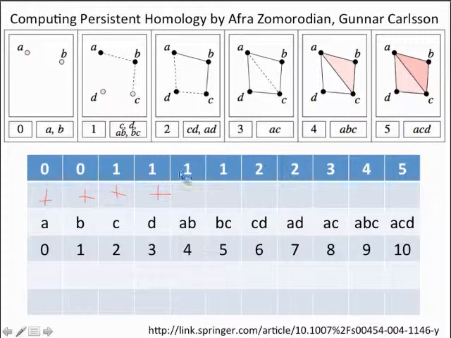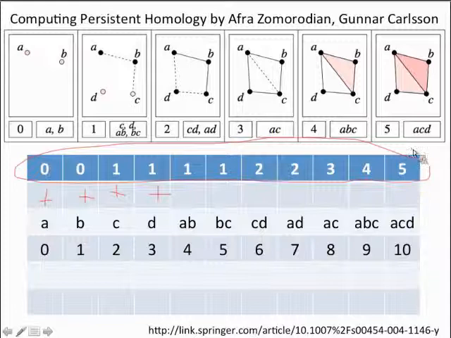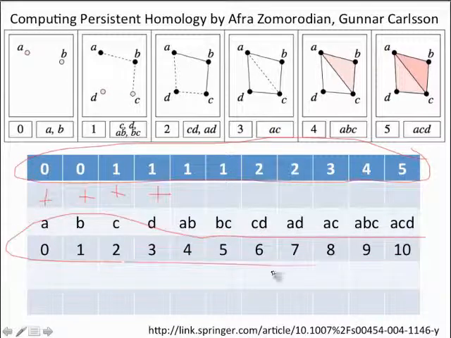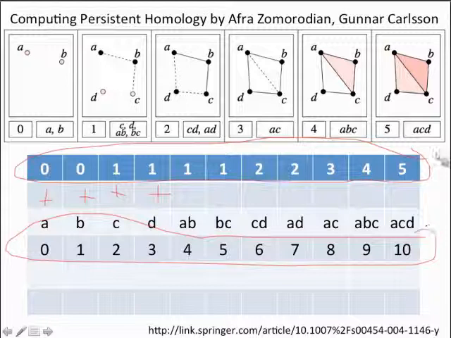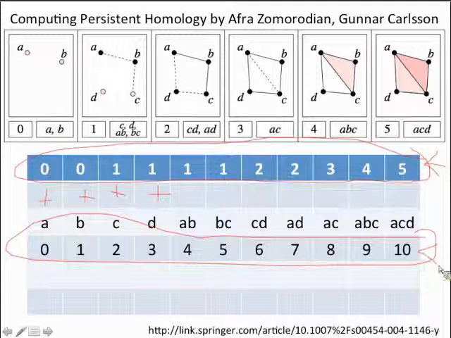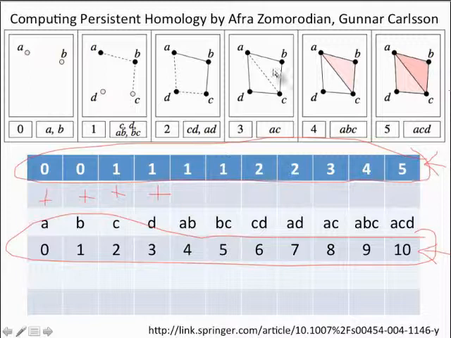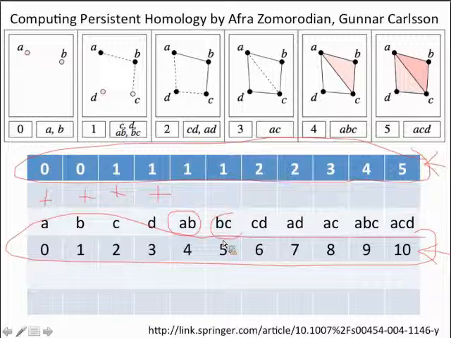This was the time I was supposed to be working with, but because multiple things entered at the same time, for now I'm going to work with this artificially created time, where Zomorodian and Carlsson arbitrarily chose AB to enter before BC.